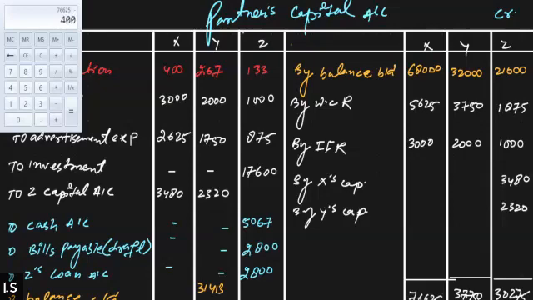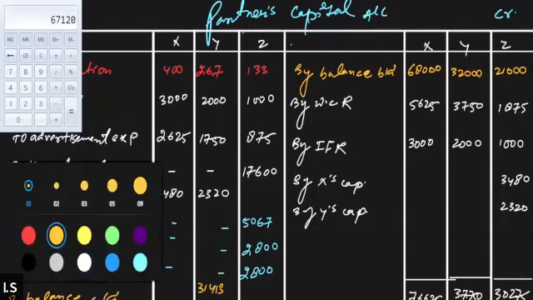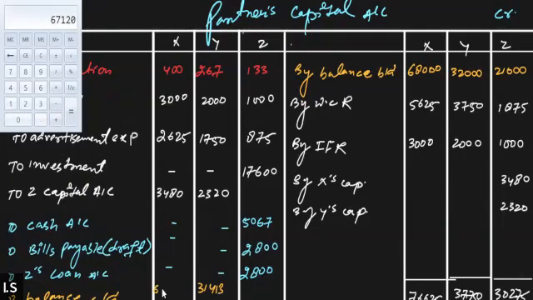Minus 400, minus 3,000, 2625, then 3480. We got 67120. This is the closing balance of X and the total is 76625.